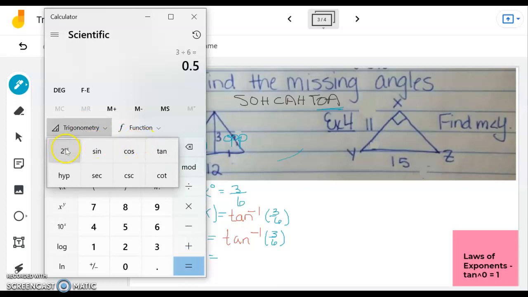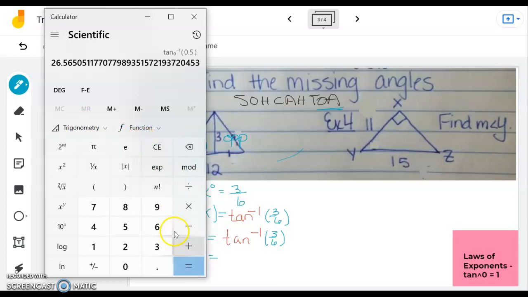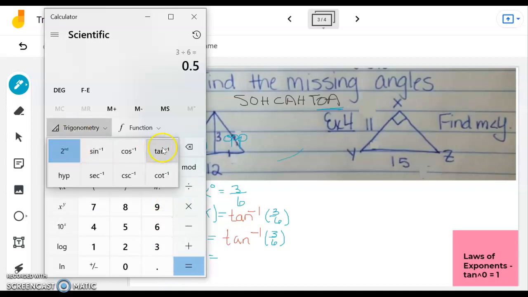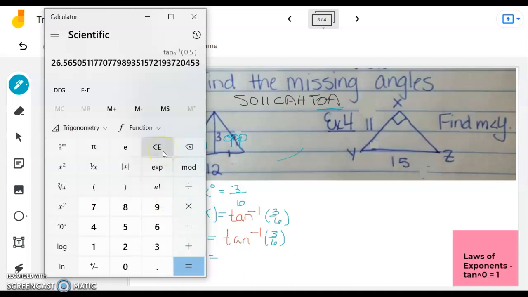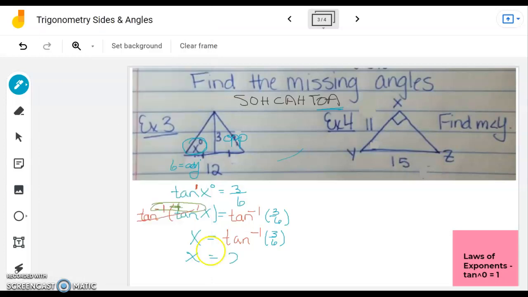Then I need the inverse tangent. There's my second button, inverse tangent. Oops, it divided it by 6. I did not want that. All right, so 3/6, second tangent, it's 26.57. 26.57. That's the degree measure. That's how many degrees are in that triangle.